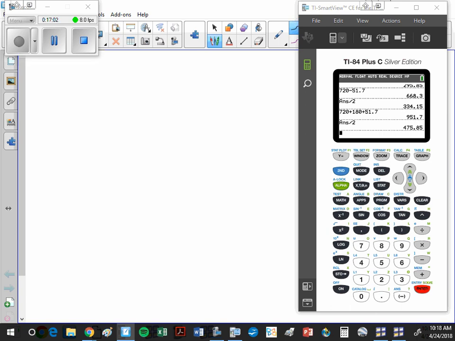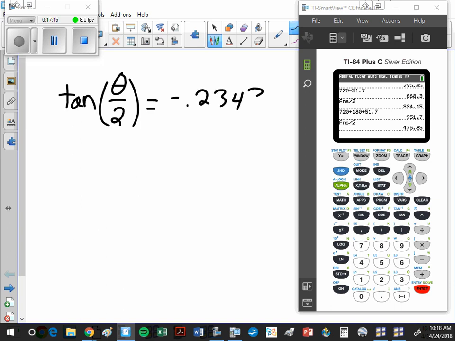Okay, let's do 43. The tangent of theta over 2 is equal to negative 0.2343.